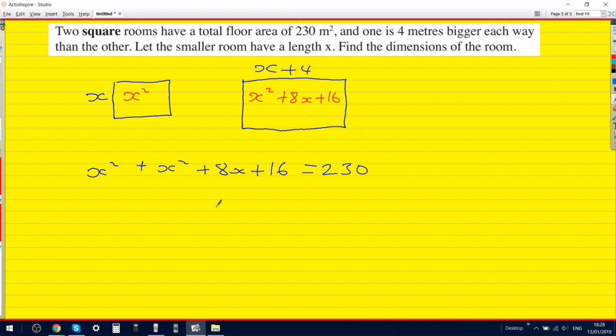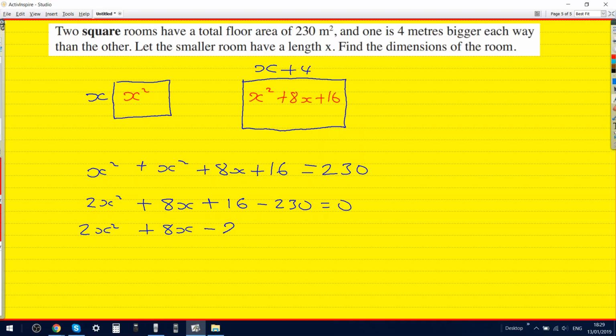230. Okay. So 2x squared plus x squared. Sorry, no, plus 8x plus 16 give us 230. 2x squared plus 8x plus 16 minus 230 equals 0. 2x squared plus 8x plus, so this would be then minus.